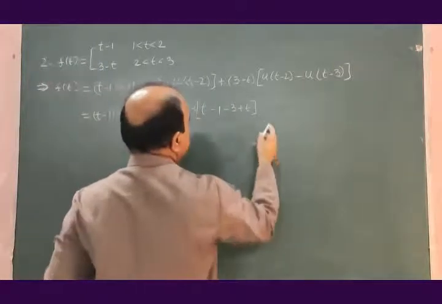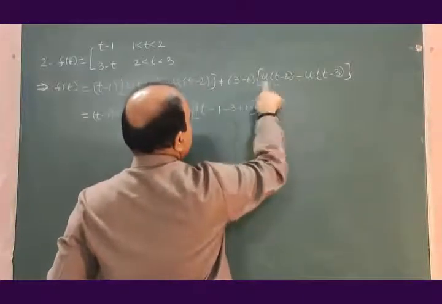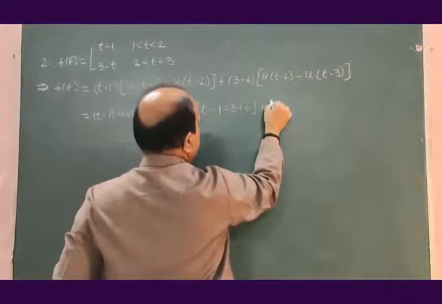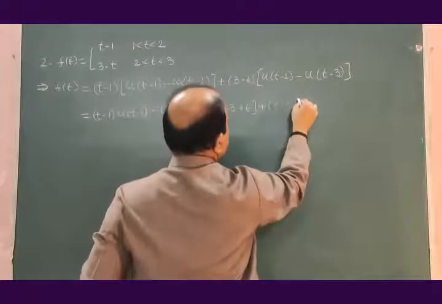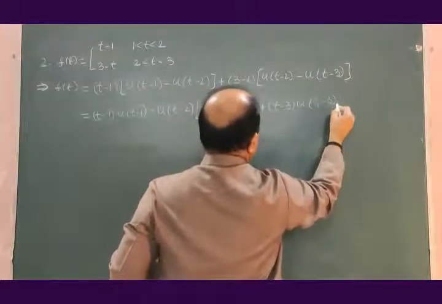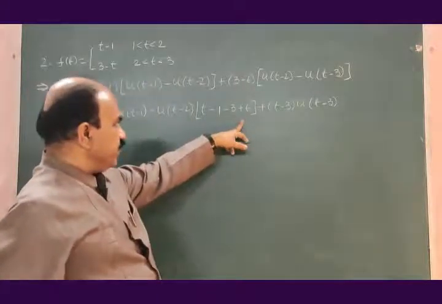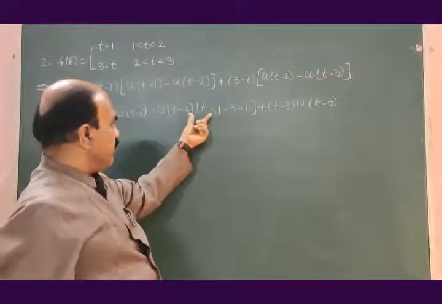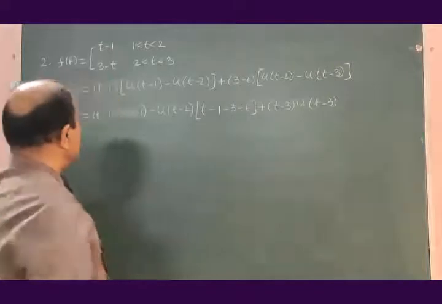And what is left? Plus, minus is here, this into this. Let us take this minus here, so it will become t minus 3 into u of t minus 3. t plus t, 2t, minus 1 minus 3, minus 4, 2 can be taken common. What is left here? t minus 2.